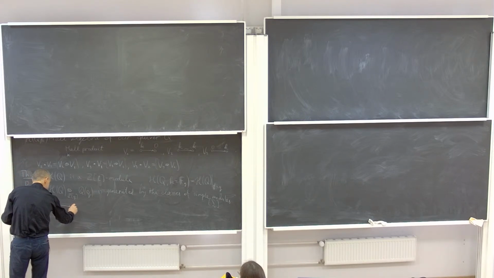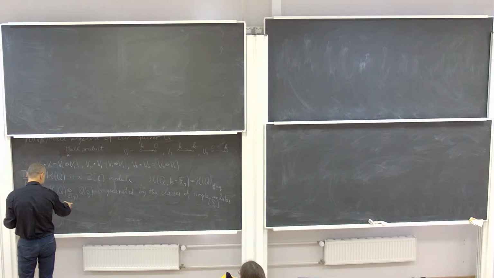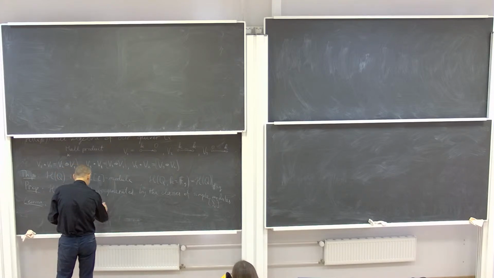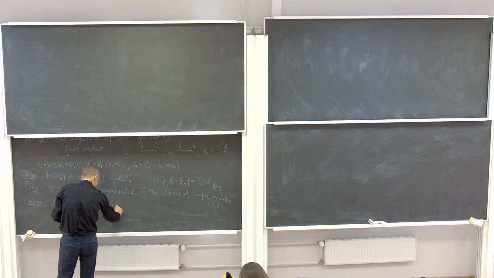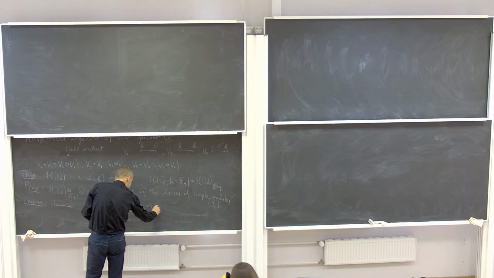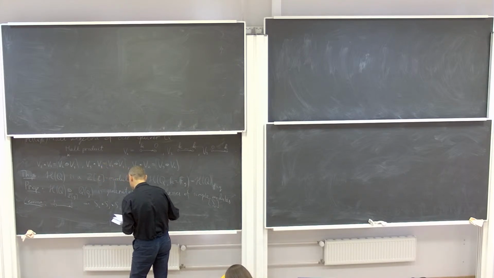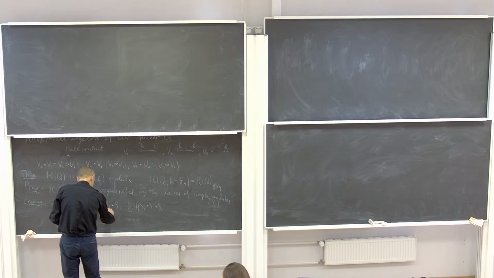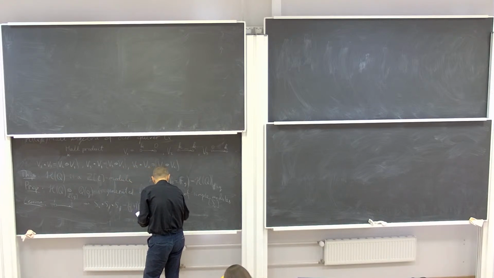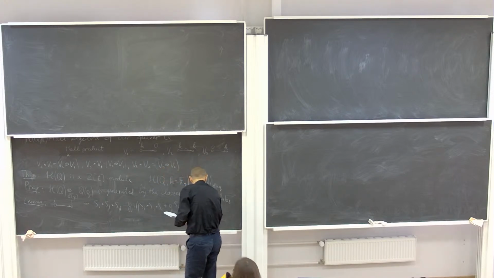If I take the class of S_i, multiply it with S_j, then with S_i, then I will have a sort of Serre relation: S_i S_j S_i, and so on, then this will be 0.